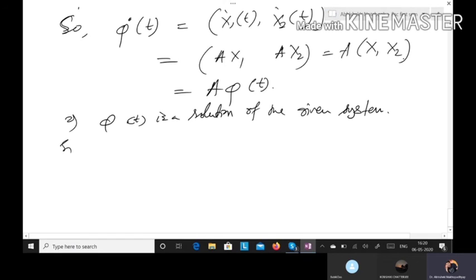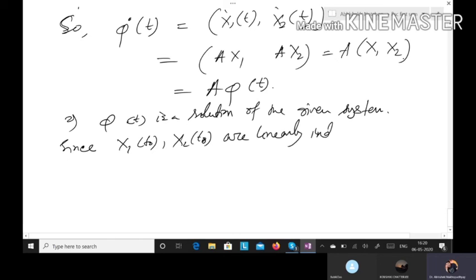And also, since at t0 we have assumed that x1(t0), x2(t0) are linearly independent, since we have assumed that phi is a fundamental matrix. But what does it say?